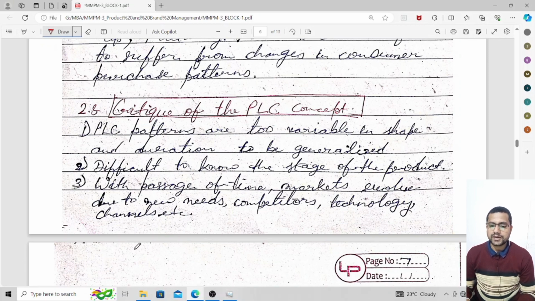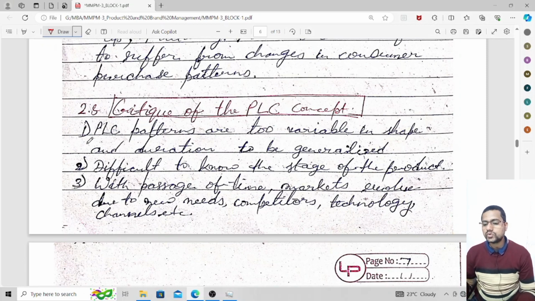This model has, the first one given, now you can see on your screen, that PLC patterns are too variable in shape and duration to be generalized. PLC means product life cycle. The pattern of one product may be quite different from the other product. So one pattern cannot be generalized for all. So that is the first criticism.